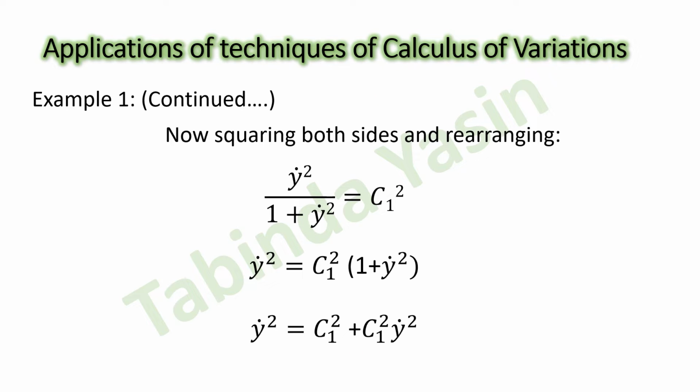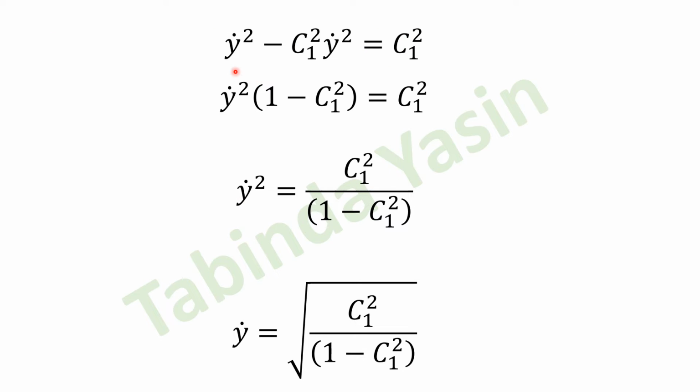Now we're going to take the term C1 squared y dot squared to the left hand side, that will become a minus sign. Then y dot squared will be taken common, and y dot squared bracket 1 minus C1 squared is equal to C1 squared.